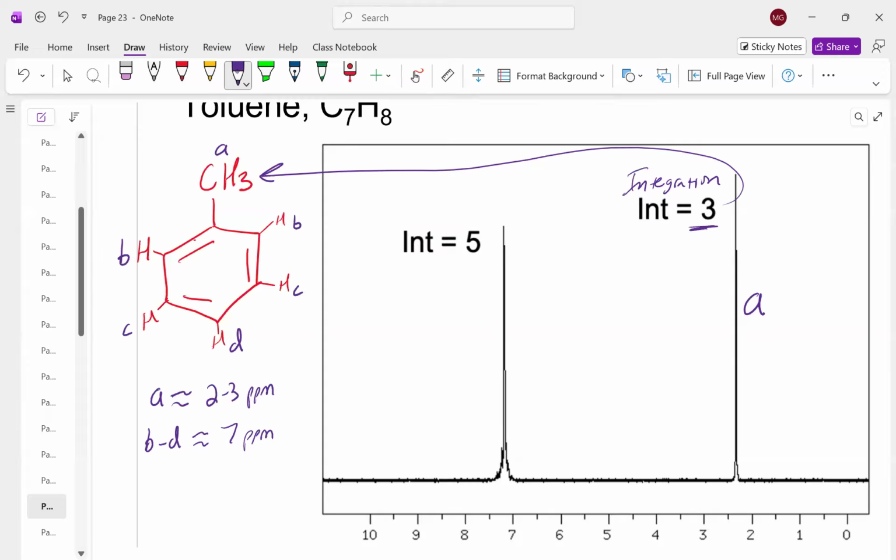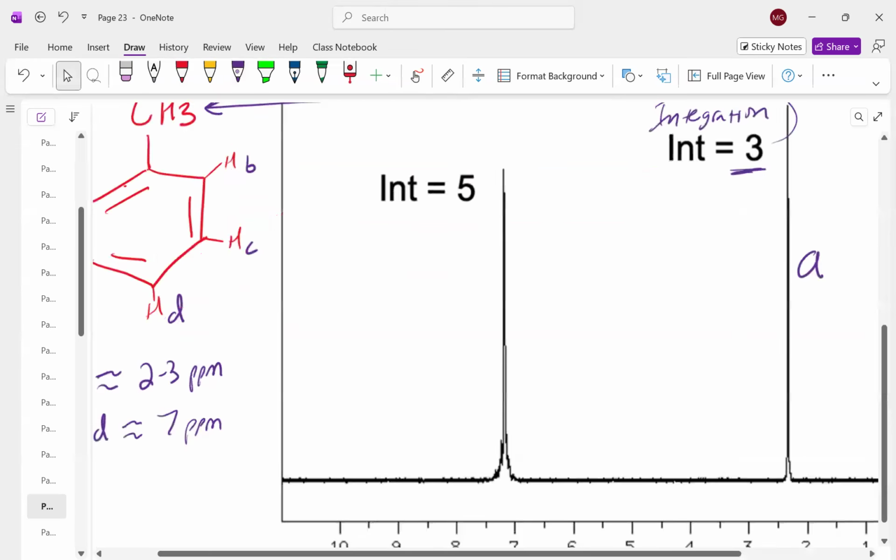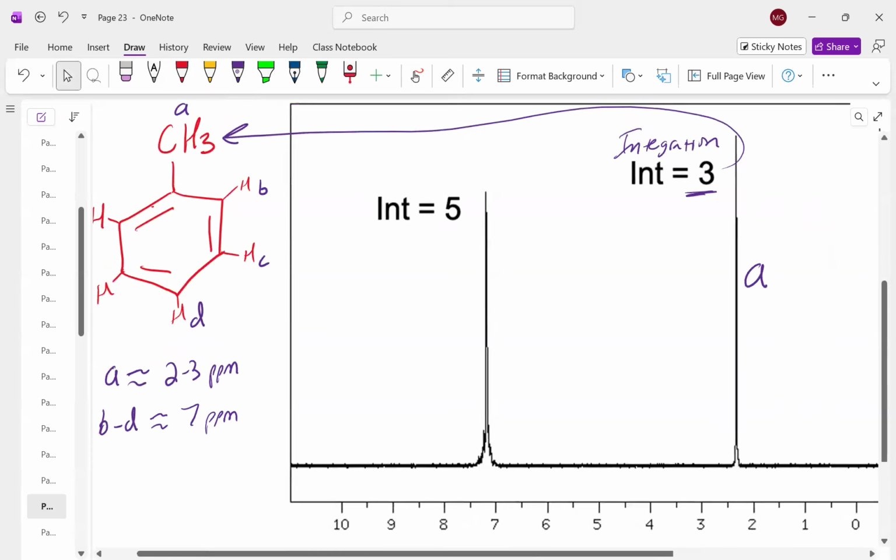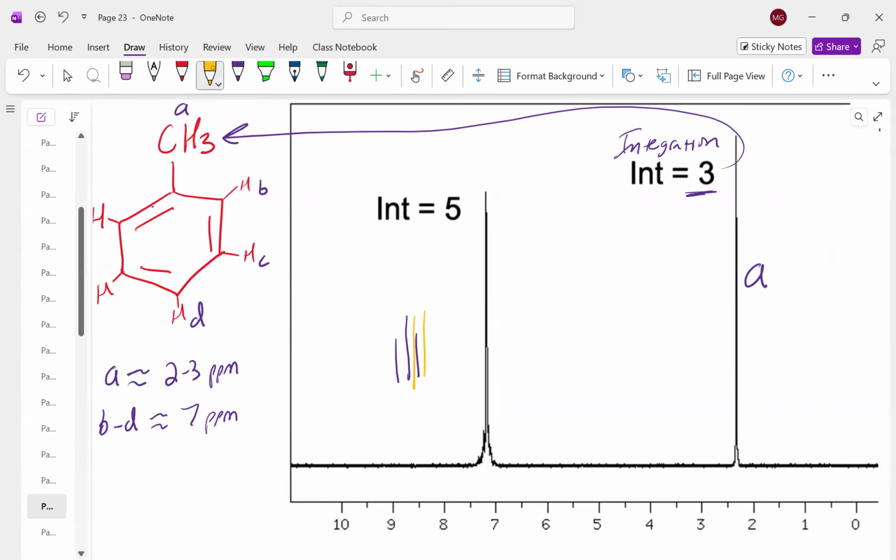Now, we have predicted that B, C, and D are unique. So we should see 3 signals in that aromatic region. Why am I only seeing 1? Well, the reason is that all 3 of those are so close in chemical shift, they're overlapping. And so you might have one signal look like this, and then another signal look like this, and then yet a third one look like this. And it's just all one big mess.